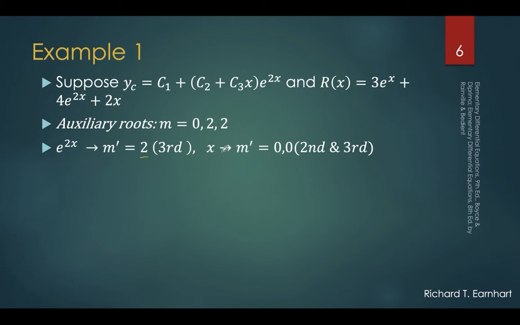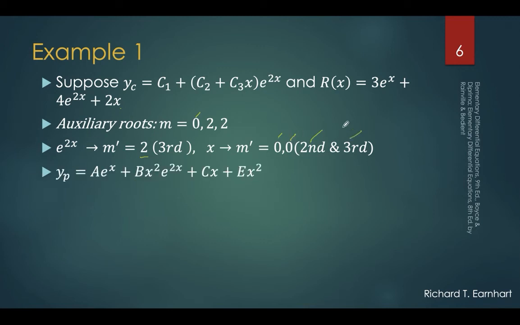Okay, and then for 2x, the root is 0, but it has a multiplicity of 2, but zero already appeared in the complementary solution. So your first 0 here will be considered as your second root, and then this is now considered as your third root.